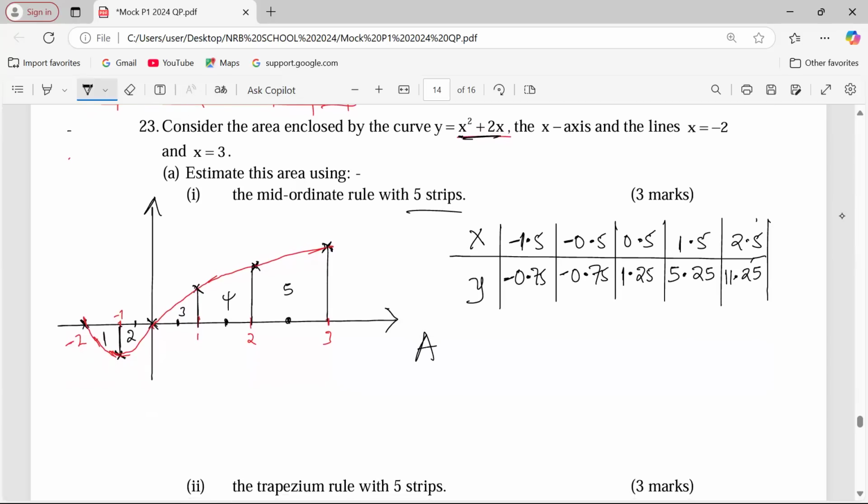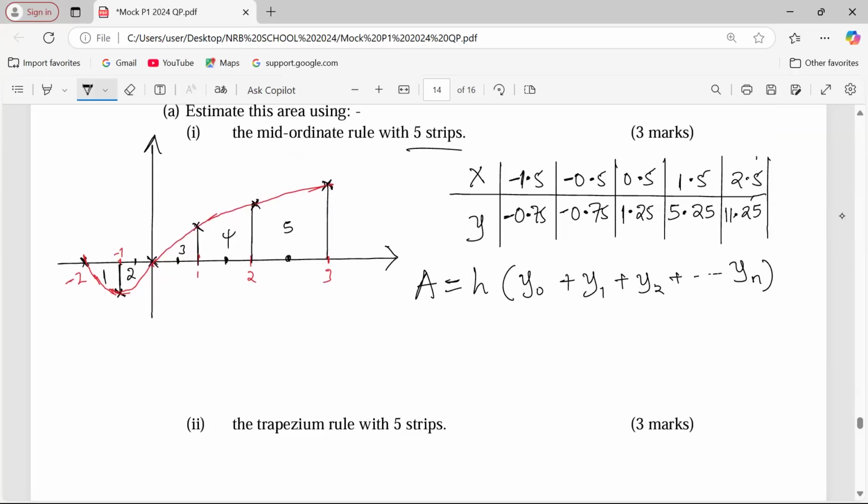So area by mid-ordinate rule is given by h into the first y plus the second y plus the third y, all the way up to the last y added.